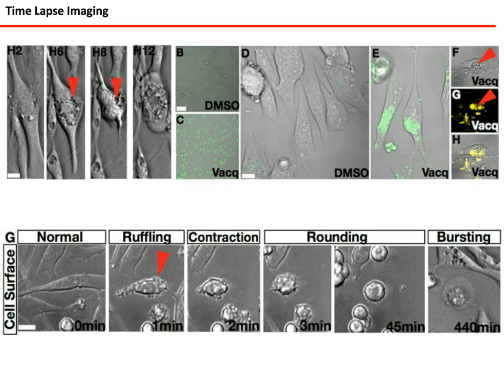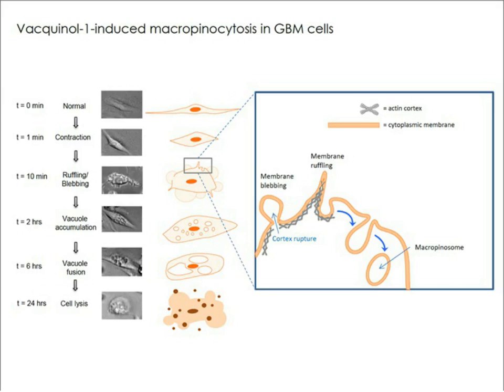So this project led us to identify a compound which targets very specifically the cancer stem cell isolated from different patients. And it stimulates them to undergo a process called macropinocytosis, which is regulated by actomyosin dynamics, where the cell ruffles, then protrudes, and gulps some liquid and starts collecting it as vacuoles inside.